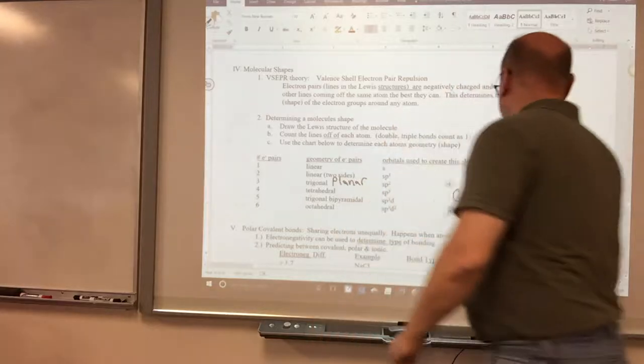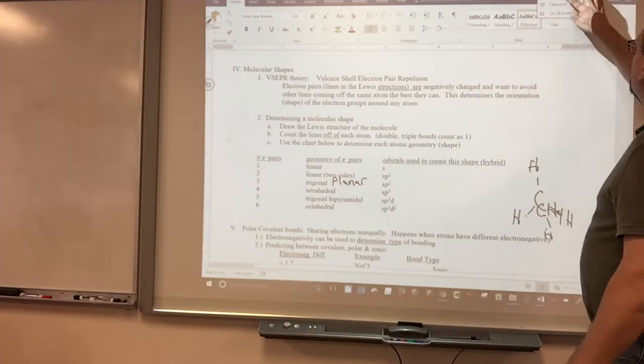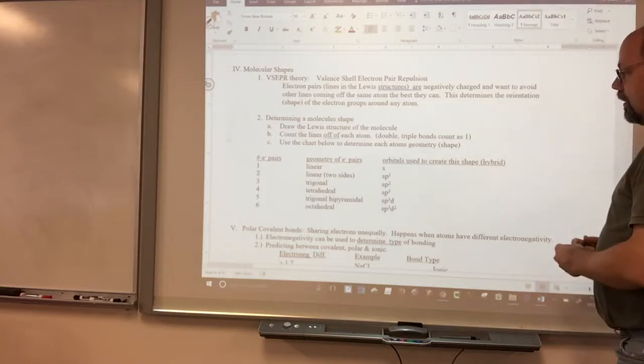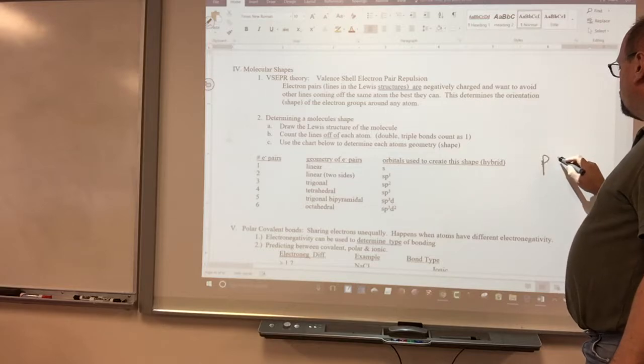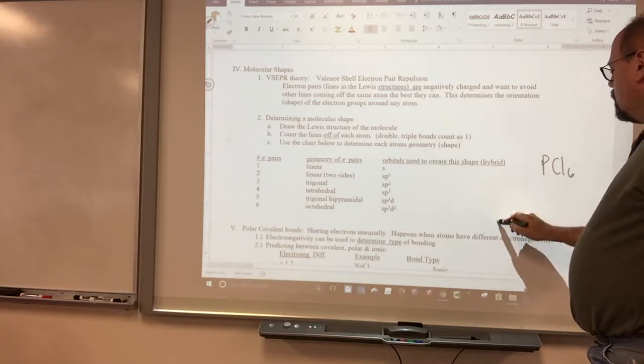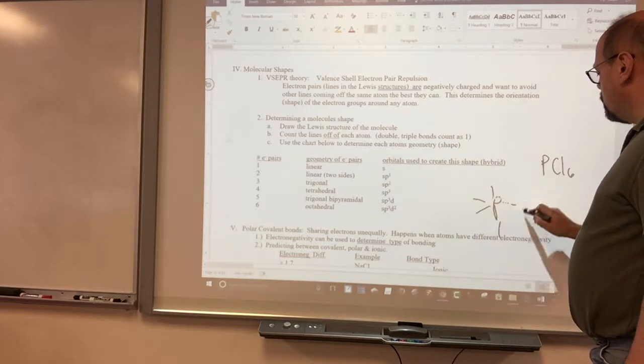Something like those are going to be something, oops, let's skip into that guy. Here, let's do it fast. Delete, clear ink. Phosphorus pentachloride ends up being a phosphorus in the middle with chlorines around it.